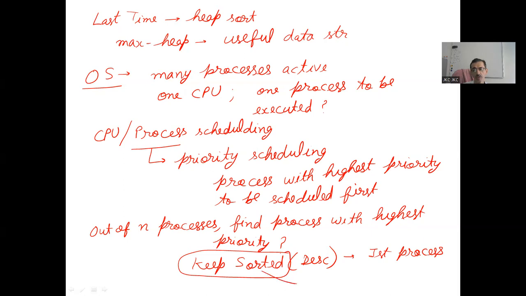First, you have to do the sorting; n log n time will be spent on this at minimum. Secondly, what about a new job to be added? A new process comes with a certain new priority that is to be inserted. Insertion will also take time, order of n. So all that will take time.